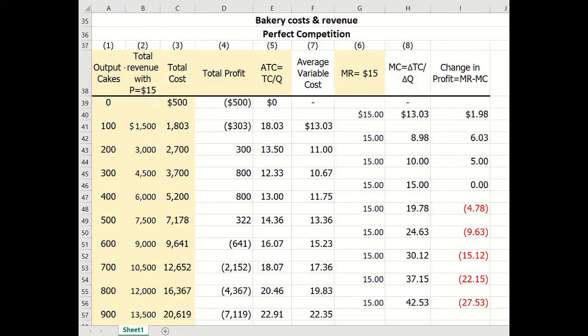Let's start off our analysis of perfect competition looking at the bakery example again. This time we are selling cakes at $15 a cake, and we have output from 0 to 900 units. To be true to form here, in other words, to be consistent with perfect competition, this firm is not a retail bakery. A retail bakery in most instances would be monopolistically competitive.